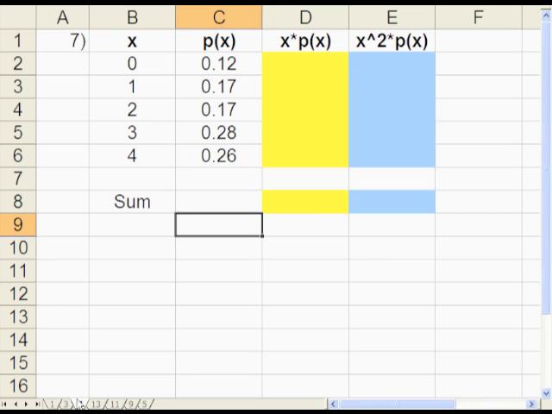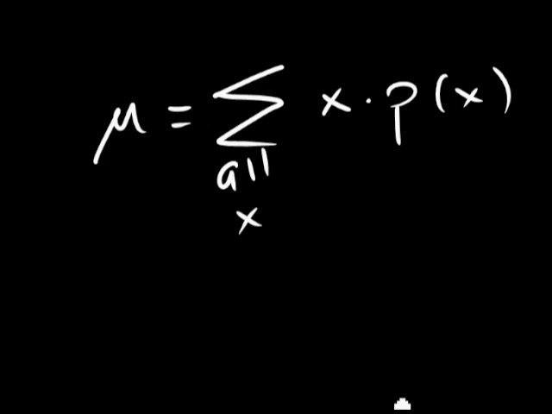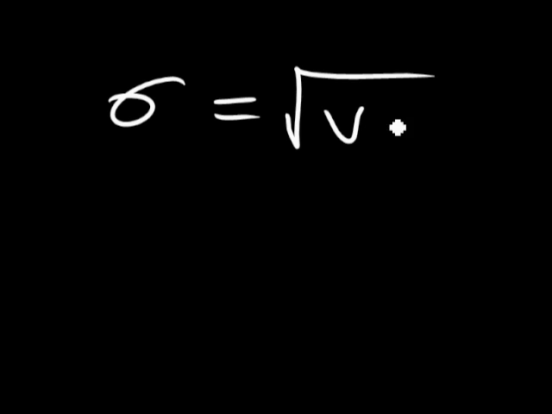Question 7. We need to determine the standard deviation for the given probability distribution. The standard deviation, represented by sigma, is the square root of the variance.